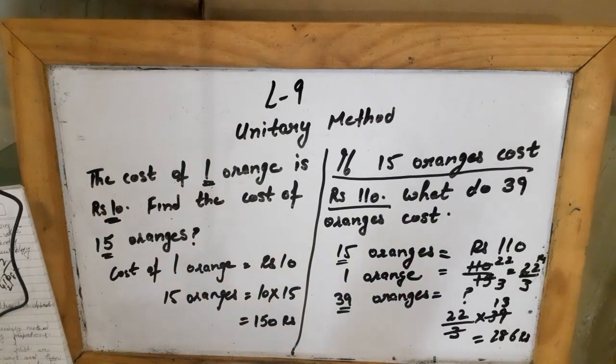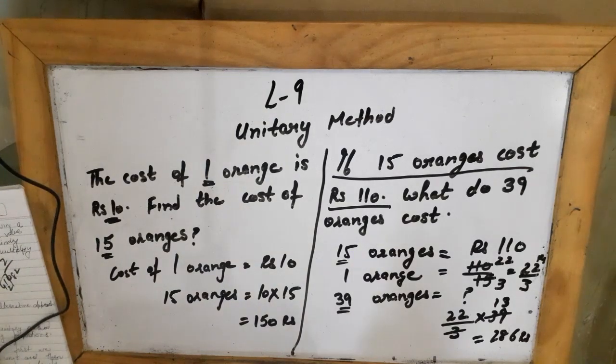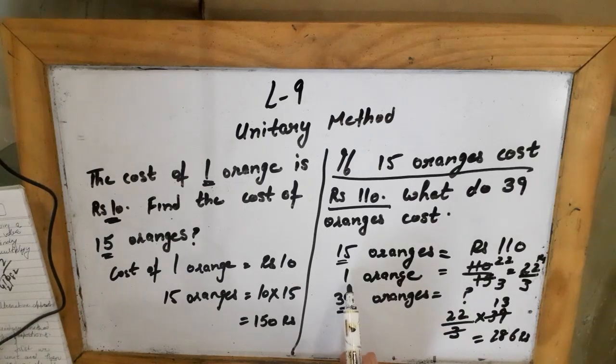Why is this a unitary method? Because in this method, what I did first, I found the value of a single unit. This is unit orange. One means unit means one. So in this technique, first we find the value of a single unit and then we find the value of the required unit.